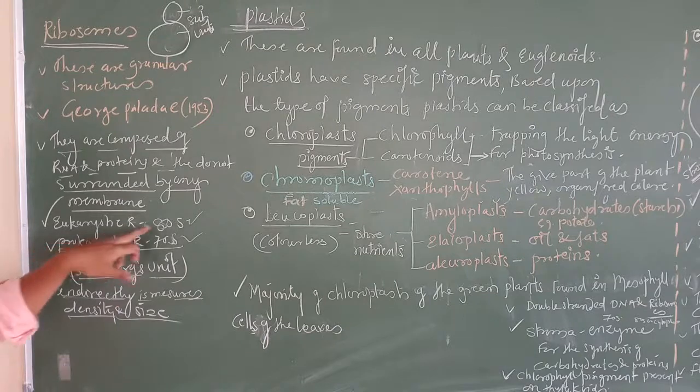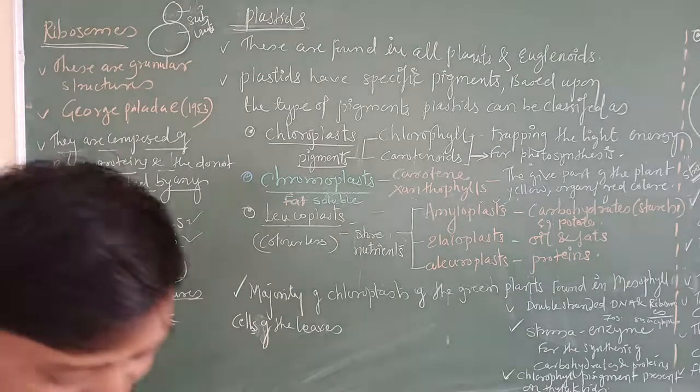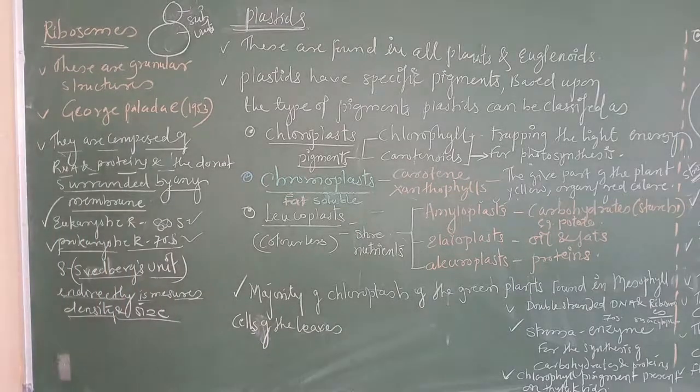In eukaryotic cells they are 80S, and in prokaryotic cells they are 70S. S represents the Svedberg unit, which is used for indirect measurement of the density and size of the ribosomes. Okay, this is regarding the next organelle, ribosomes.